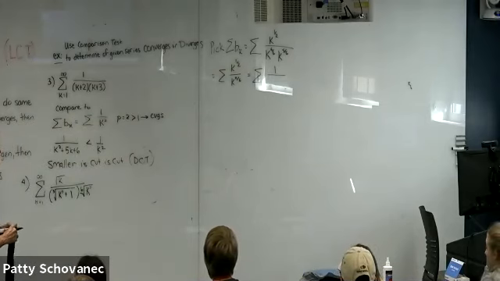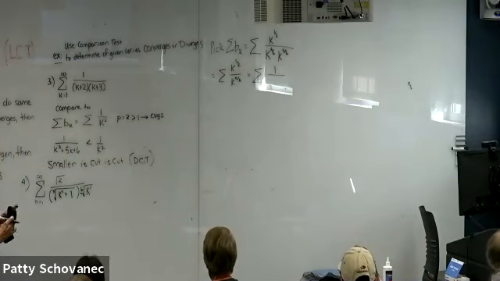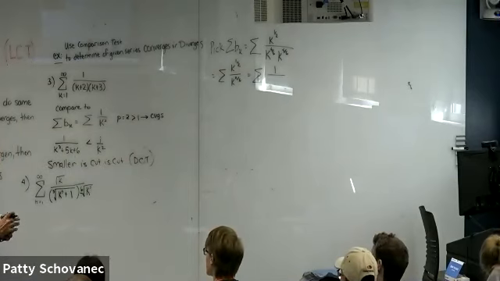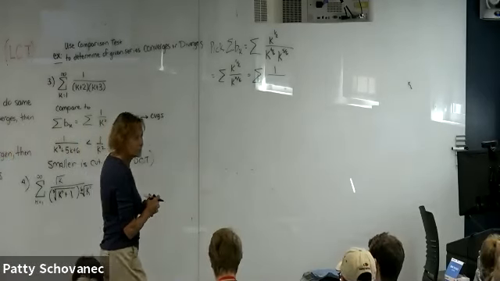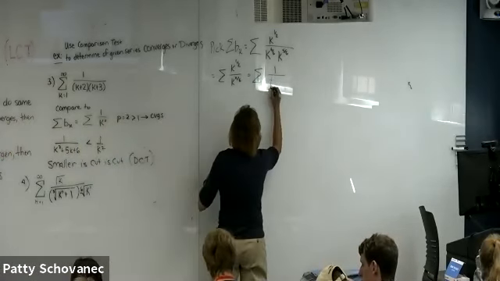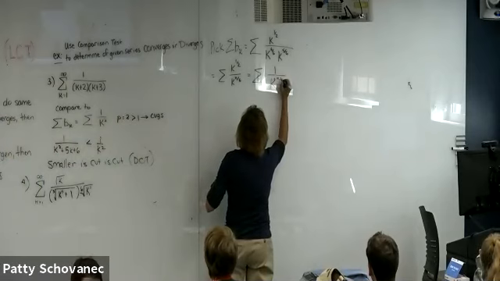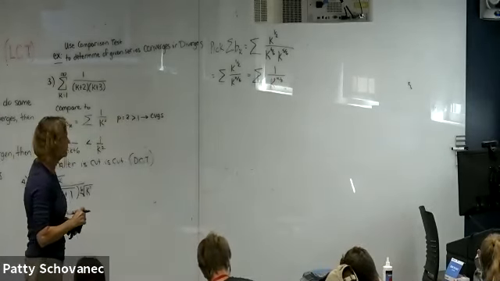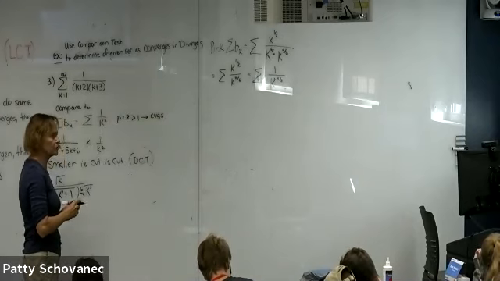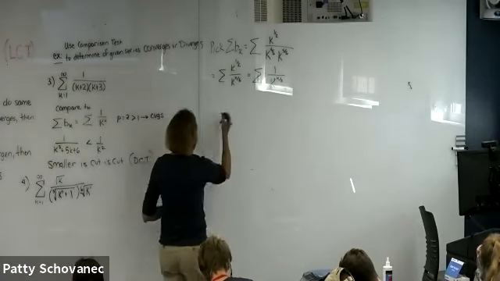That's 3/6 on the top, 11/6 on the bottom, 11/6 minus 3/6 is 8/6 or 4/3. My gosh, we finally have a p series. P is 4/3, which is larger than 1, so it's a convergent p series.